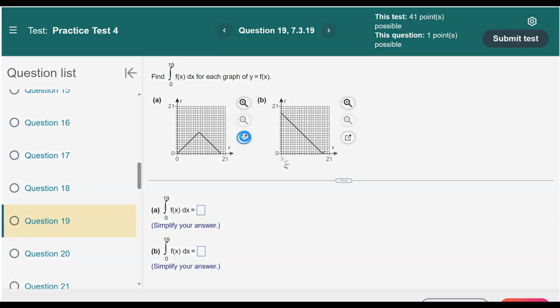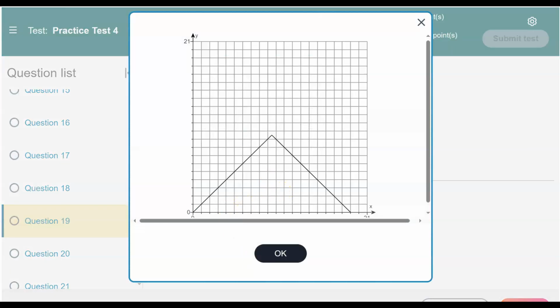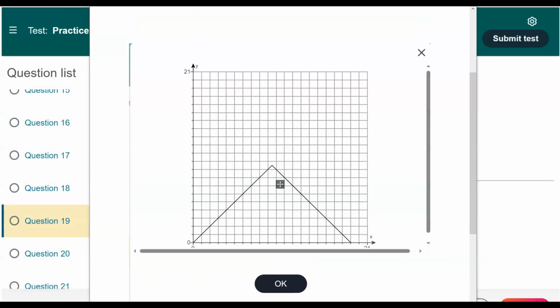To find area, all you need to do is just use geometry. So we want the integral of f of x dx from 0 to 19. So that means we want to find the area from 0 to 19. So this is actually 19, right? The figure, this was 21. And you can count.